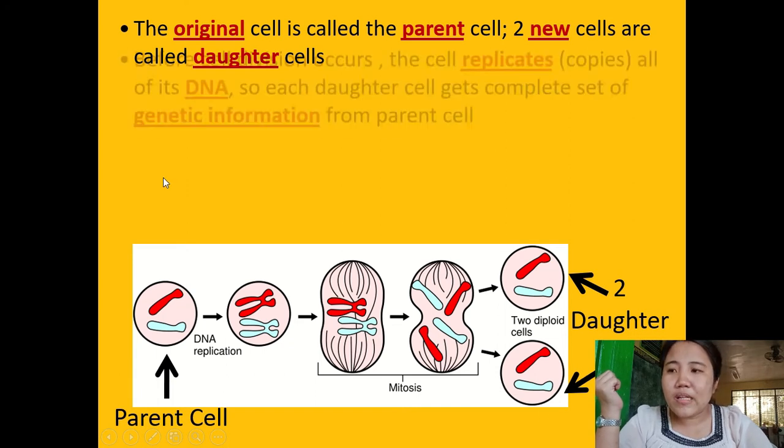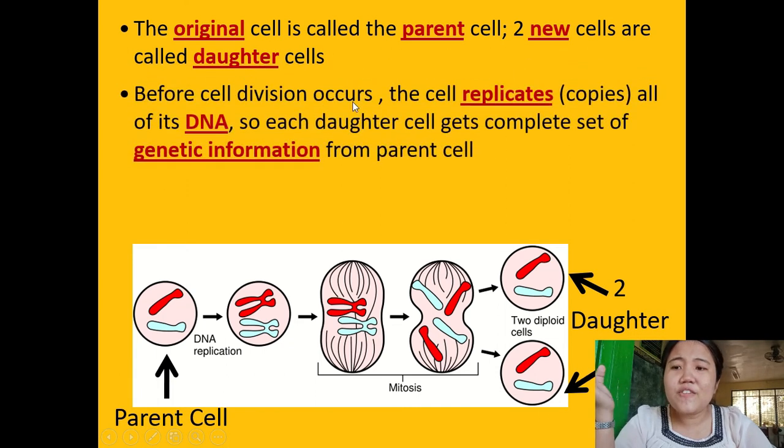Take note that before cell division occurs, the cell replicates all of its DNA, so each daughter cell gets a complete set of genetic information from the parent cell. Before it ends up like this, the cell undergoes a process which ensures everything inside the parent cell will be received by the daughter cells.